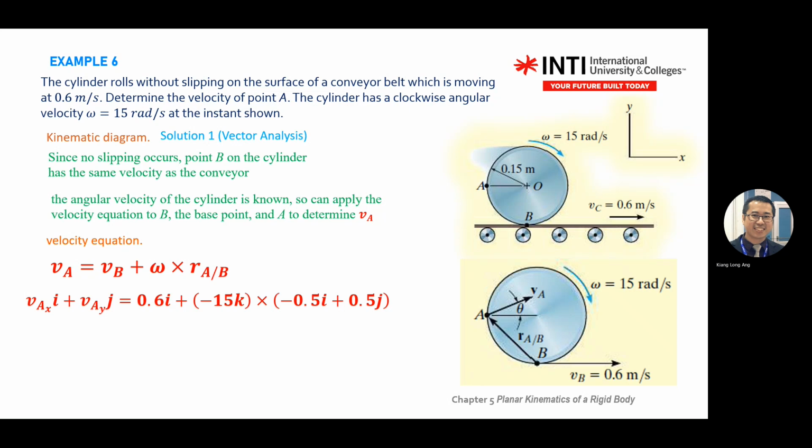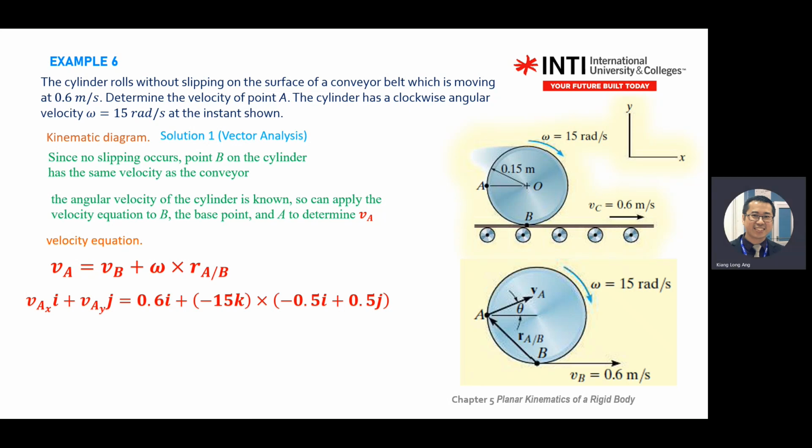Why negative k and not positive k? Use your right hand. Where's the omega direction?